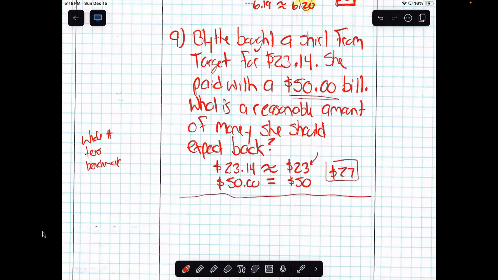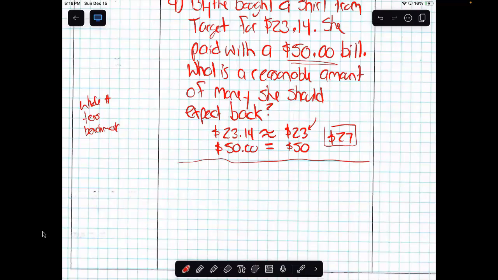You're going to show all of the ways that I'm showing, so make sure you're writing this down in your notes. Others of you might be thinking $23.14 is pretty darn close to a benchmark number of $20. In this case, we're actually rounding to the nearest 10, as we're turning 23.14, so if this is the tens place, we're turning it into $20. $50 is again going to stay $50.